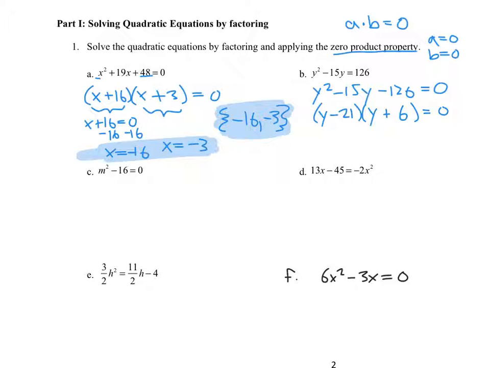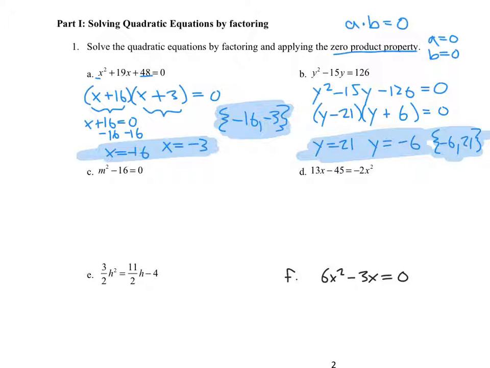And then my answers, or my solutions, are the numbers that make each factor 0. So in the first factor, positive 21, and the second one, negative 6. And again, your answer could be left like this or in set notation.